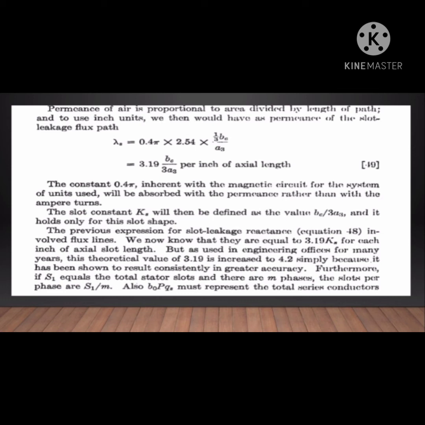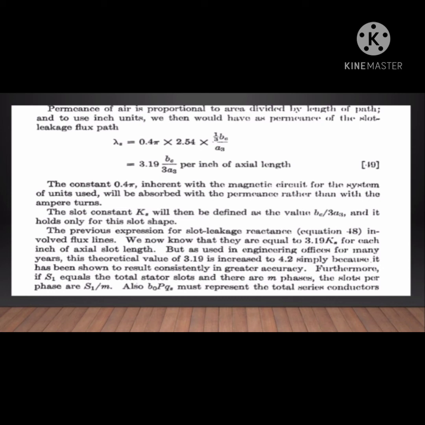So, formula natin ng permeance of air is permeance is equal to 0.4 pi times 2.54 times 1/3 times slot depth all over the slot width.